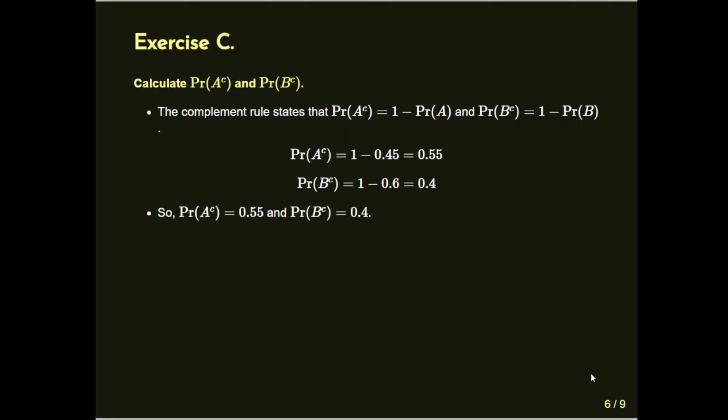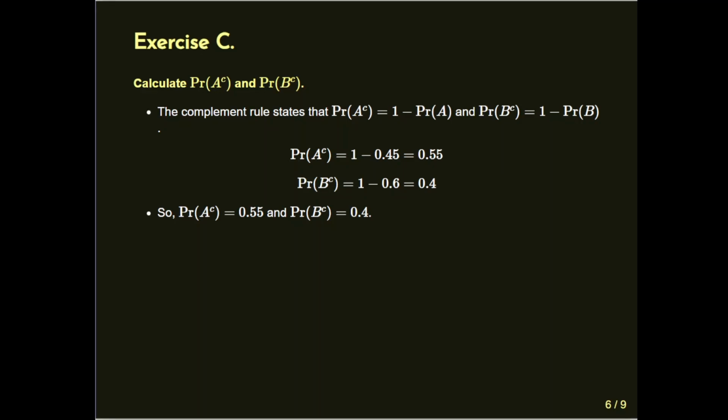So the probability of the complement of A is 1 minus the probability of A, which is 1 minus 0.45, and that's equal to 0.55. Likewise, the probability of the complement of B is 1 minus the probability of B. That is equal to 1 minus 0.6, which is 0.4. So there we have it, 0.55 and 0.4. That is the complement of A and the complement of B.